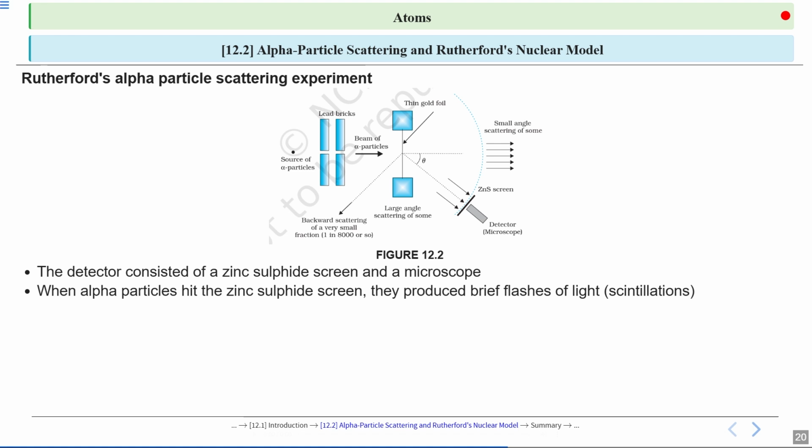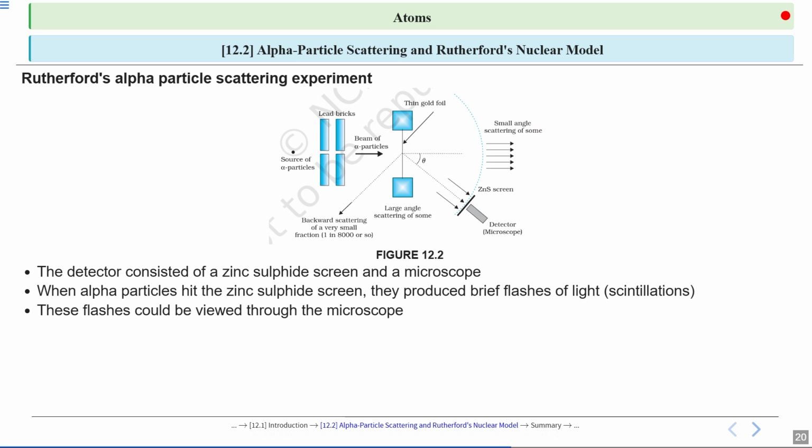When an alpha particle struck the zinc sulfide screen, it produced a brief flash of light. Each flash represents a single alpha particle. These brief flashes of light are called scintillations. This allowed the scientists to count individual particles and see exactly where they landed.